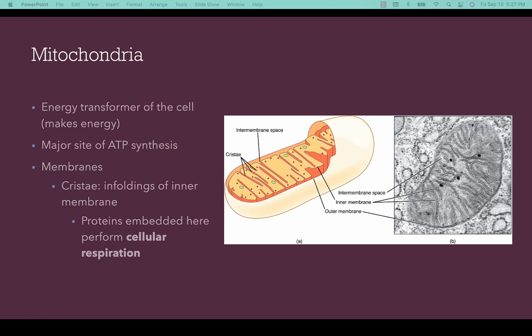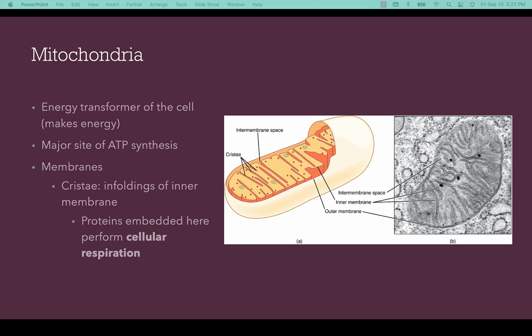Okay, and then we have the mitochondria, the energy transformer of the cell, the ATP powerhouse, as some say. So this is the site of cellular respiration. Basically, all of the ATP, or most of the ATP, is made by the mitochondria.